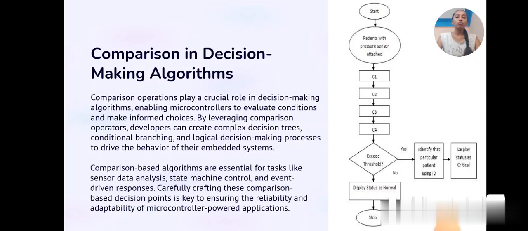Comparison-based algorithms are essential for tasks like sensor data analysis, state machine control, and event-driven response. Carefully crafting these comparison-based decision points is key to ensuring the reliability and adaptability of microcontroller-powered applications.